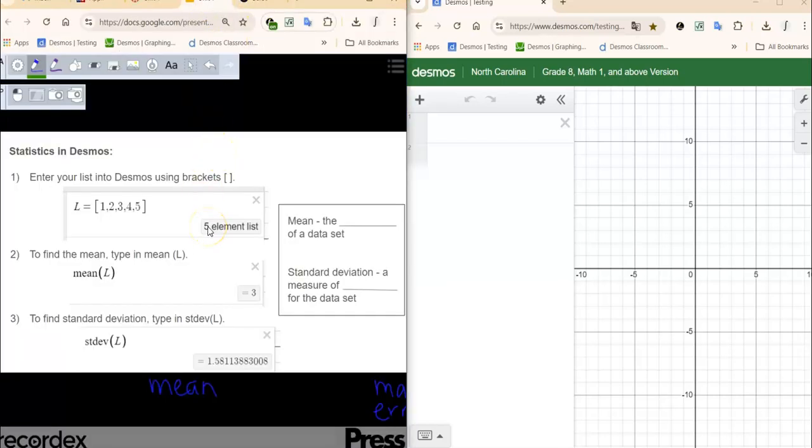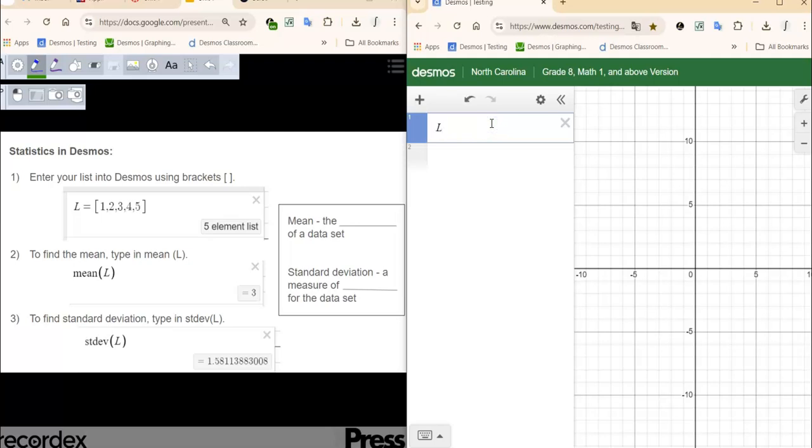So if I want to be able to find a margin of error, or different things in Desmos, I first need to know how to enter that data into Desmos, and then how to find things like my mean and my standard deviation.